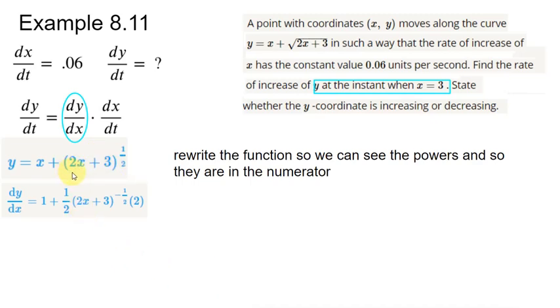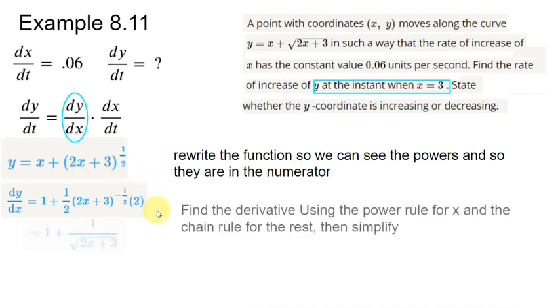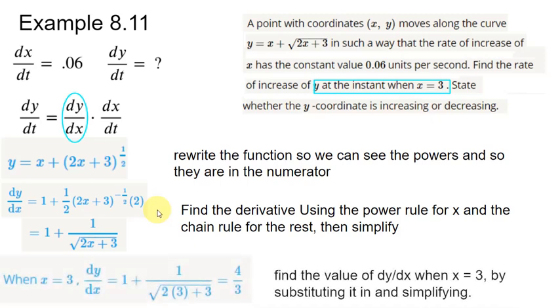Now all I've got to do is simplify, multiply by 2. I'm going to end up with 1 plus 1 over the square root of 2x plus 3. That's my derivative. I'm going to substitute 3 in for x, and I'm going to find out that the derivative equals 4/3 when x equals 3.